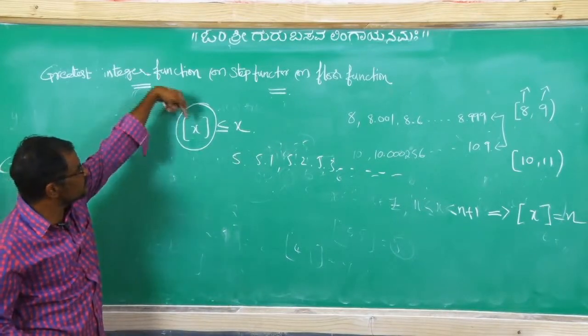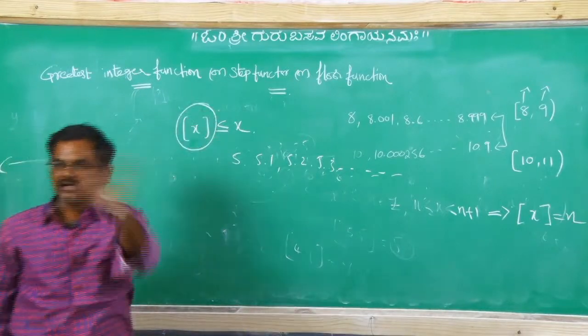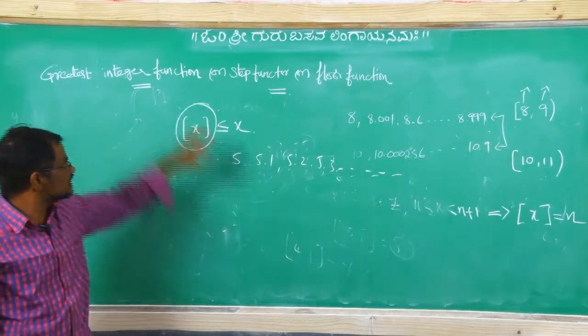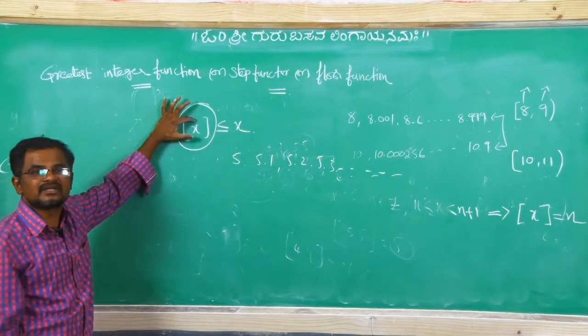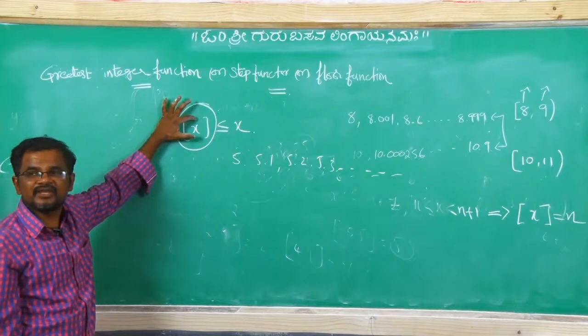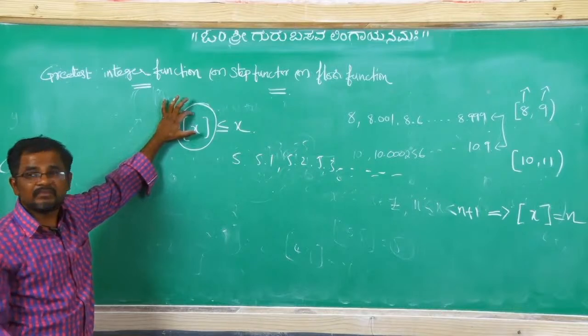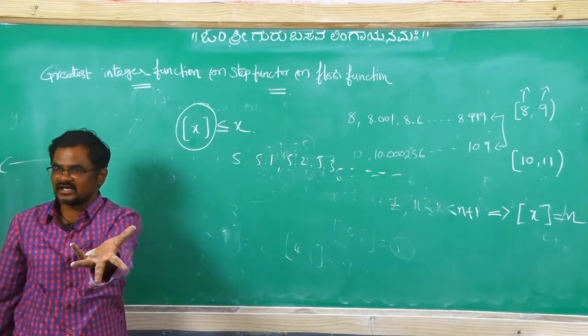Any real number you substitute inside, the output is an integer only or not? If you substitute 5.5, what is the integer? 5. 5.1 gives 5, 5.2 gives 5, 5.9 gives 5, 5.0001 gives 5. The output is an integer only.